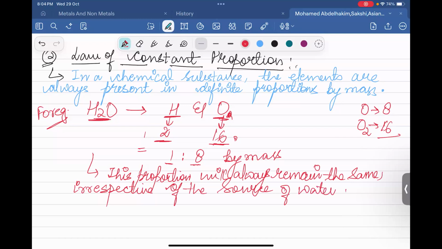Whether it is distilled water, steam, cold, or hot, this 1:8 proportion is always the same.